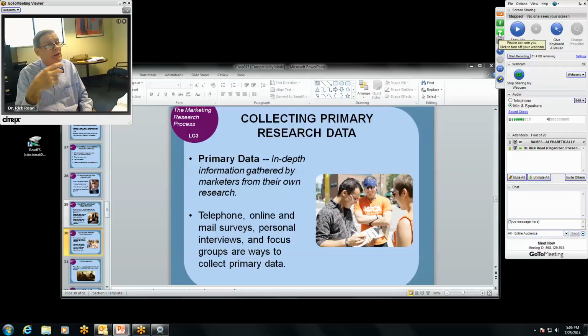They've not gone to the motor vehicle department. They've not gone to telephone books or some other sources of secondary data. They've gotten this information by directly contacting either customers or potential customers. And you can see the way they've done this: telephone interviews, online surveys, face-to-face, focus groups, etc.